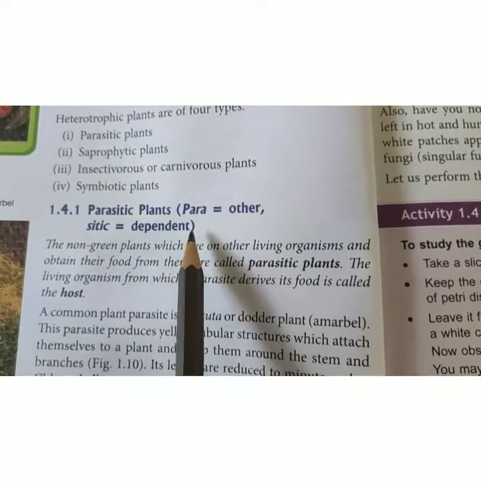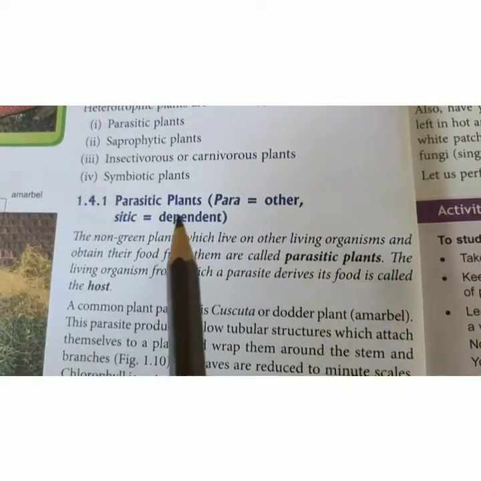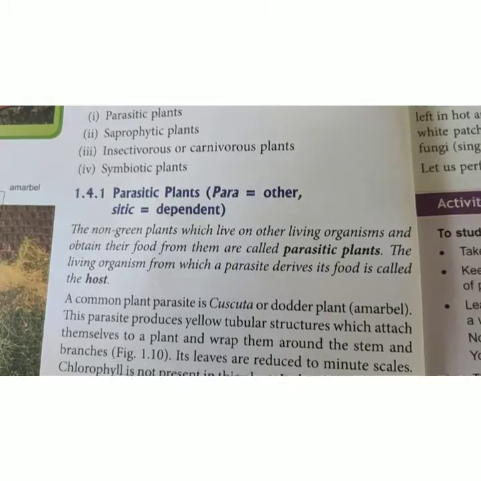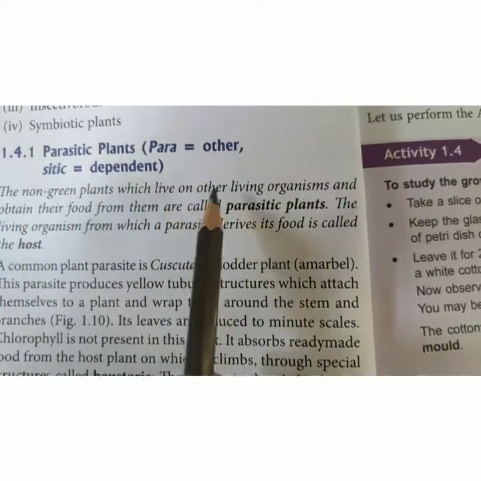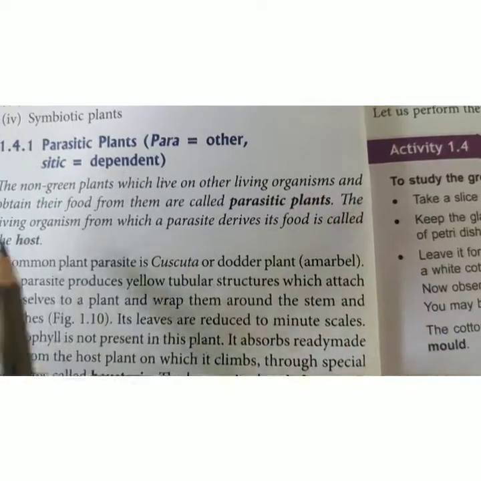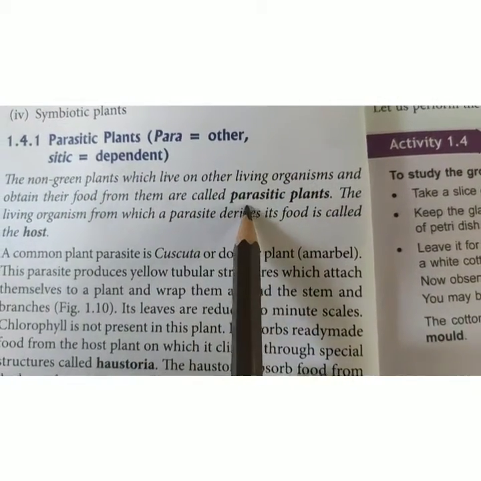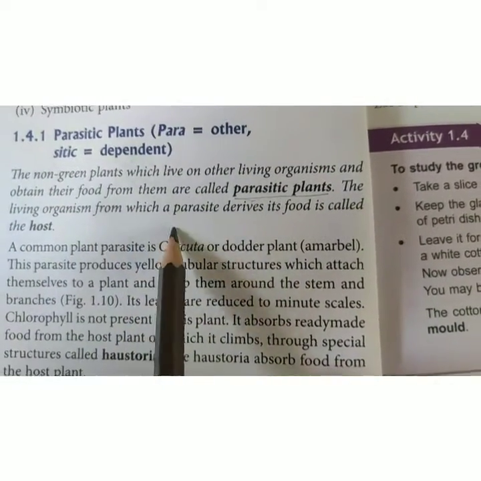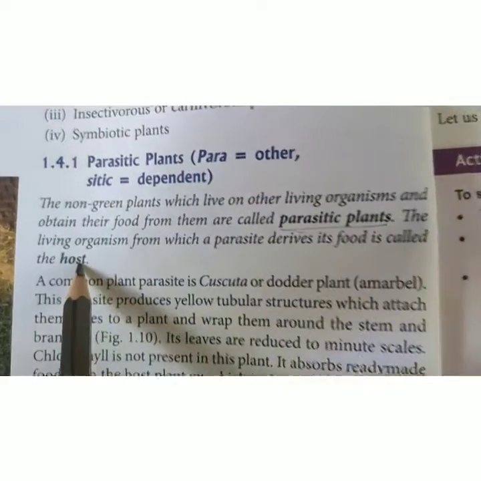Para means other and -sitic means dependence, meaning the plants which are dependent on others or live on other plants. The non-green plants which live on other living organisms and obtain their food from them are known as parasitic plants. The living organism from which a parasite derives its food is called a host.